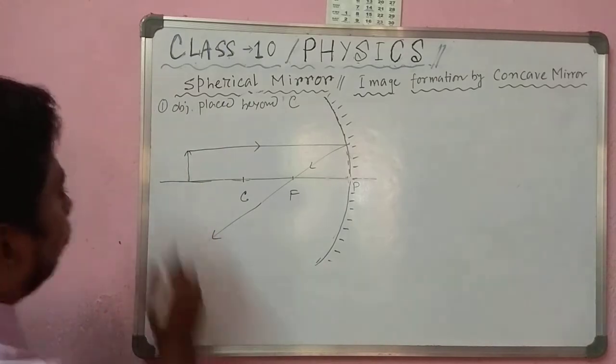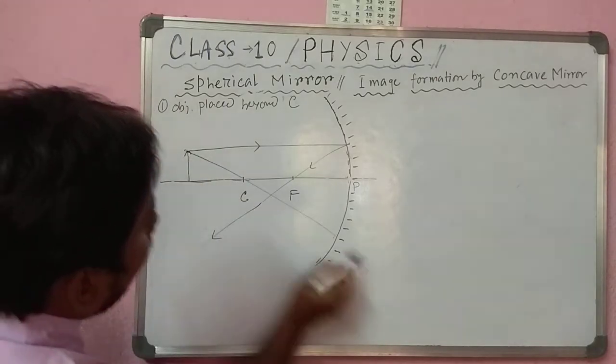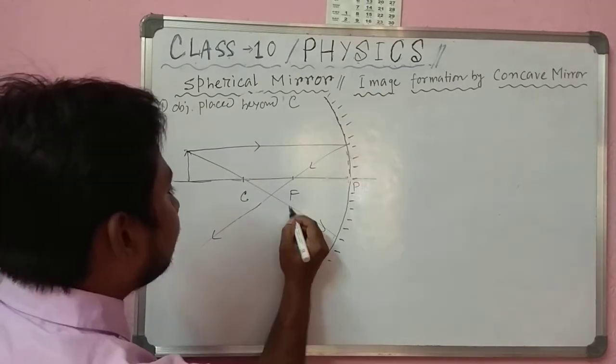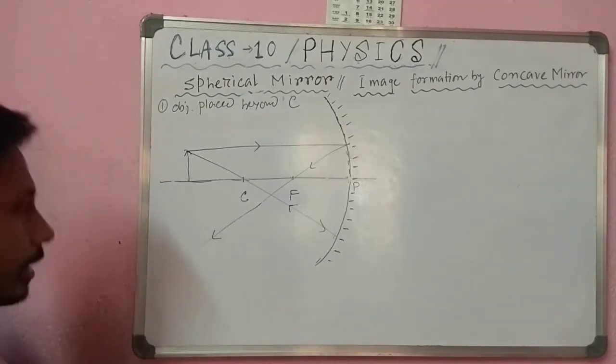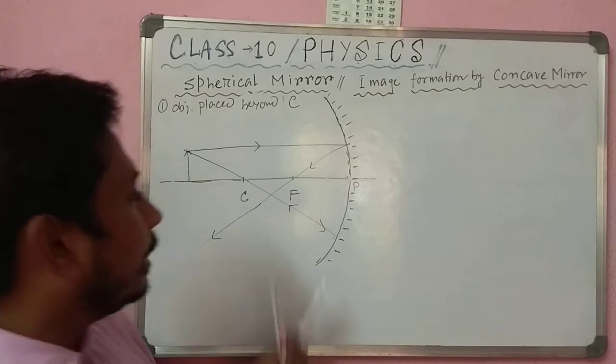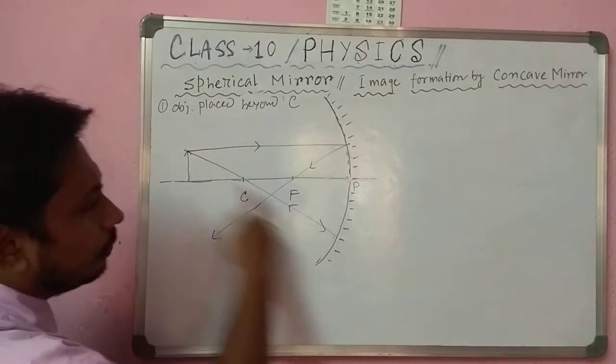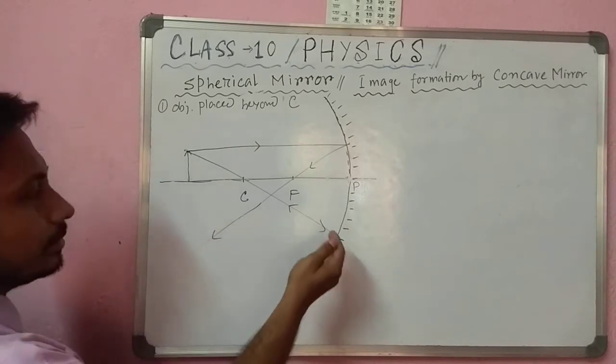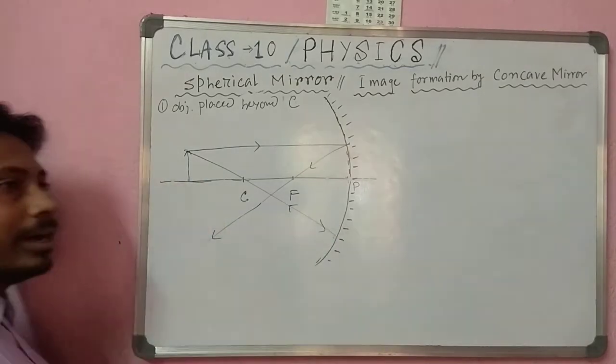Line number 2 passes through the center of curvature, and after striking it comes back along the same path, because if a ray of light passes through the center of curvature, after striking the surface it will come back along the same line.